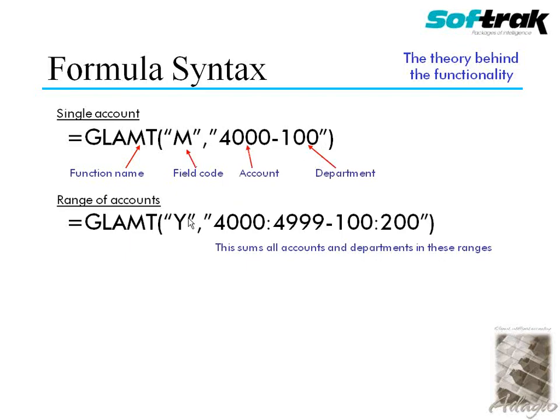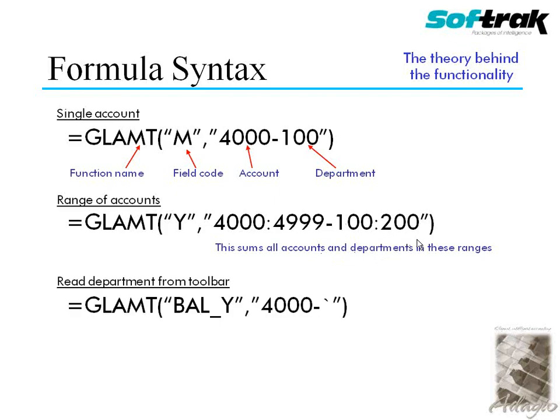So if I wanted to get the year-to-date figures for all accounts that lie between 4,000 and 49.99 and departments 100 to 200, that's the formula that I would use.